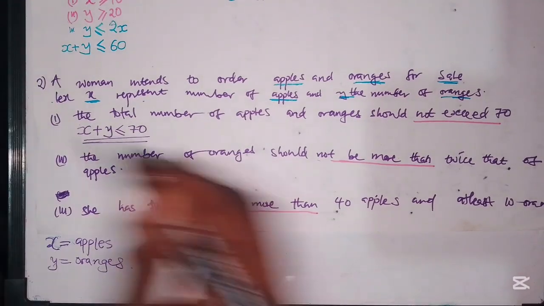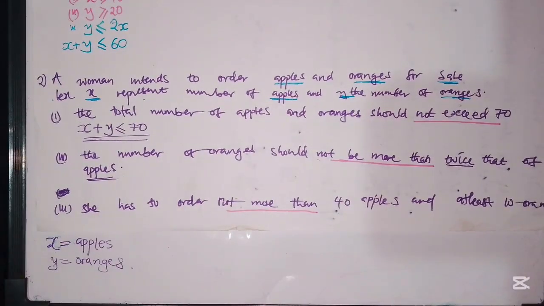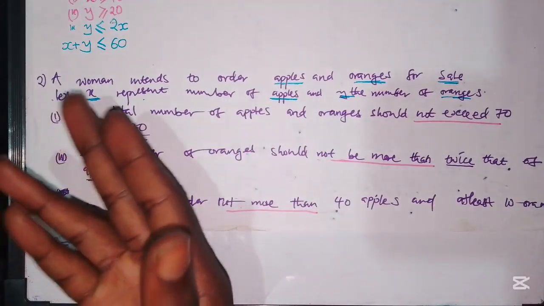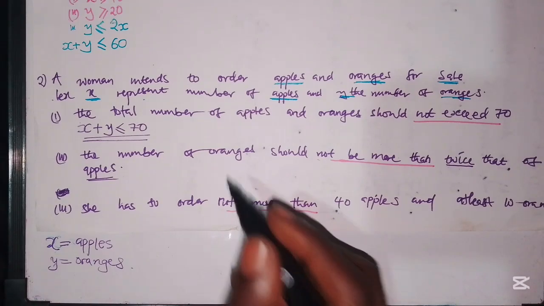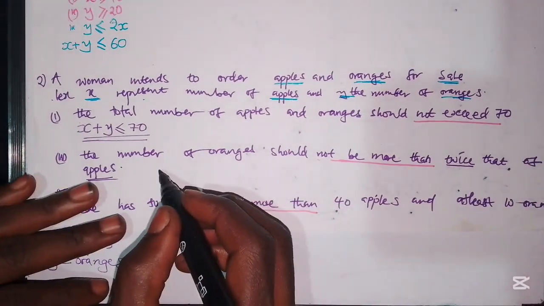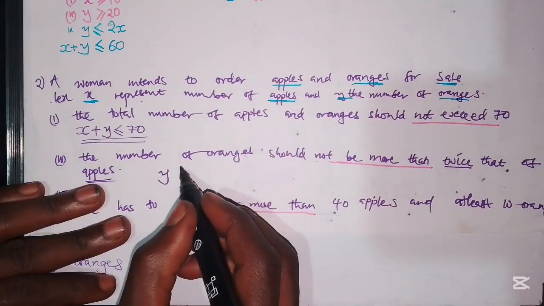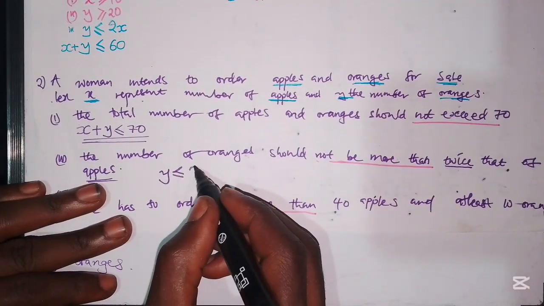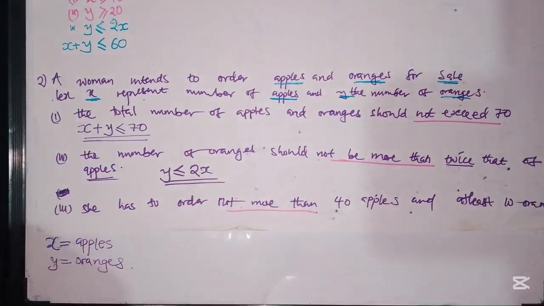In our case, it is twice that of apples, so we put a 2 in front of x, because x is representing apples. Oranges is represented by y. So you say y should not be more than twice that of apples. Meaning you have written your second inequality.